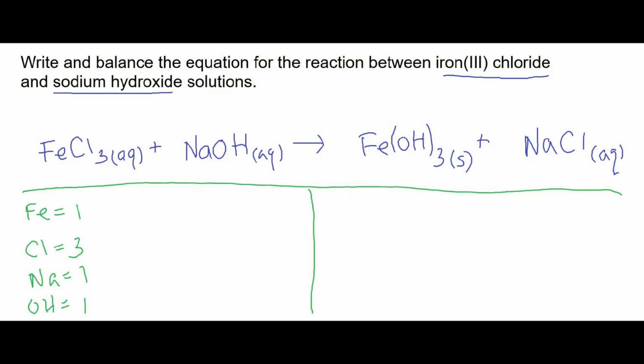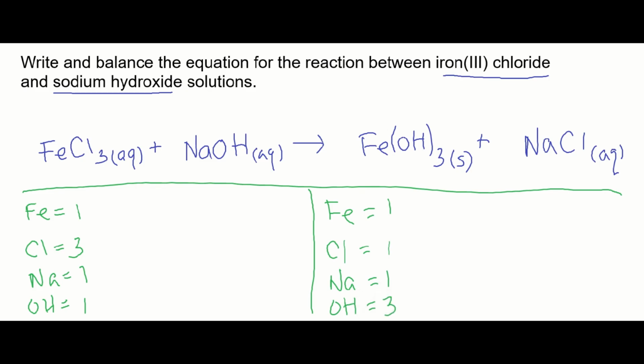If you write the O and the H on separate lines, it's just going to be a mess oftentimes. So over to the right side, the product side, I'm going to put them in the same order so it's easier to compare side by side. And on the product side, I have 1 iron, 1 chlorine, 1 sodium, and 3 hydroxides.